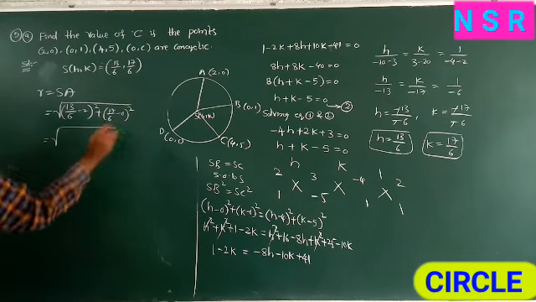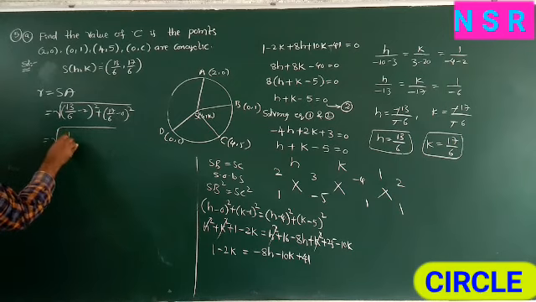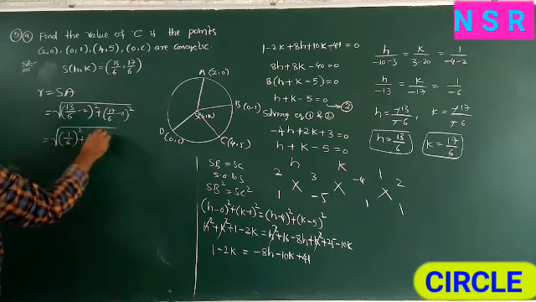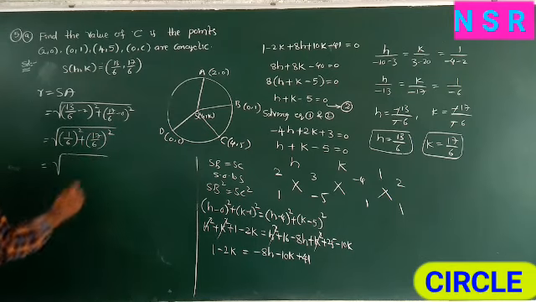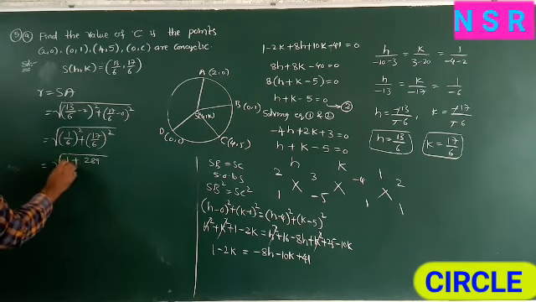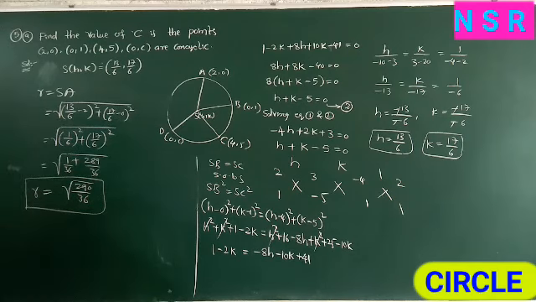So 6 twos are 12, 13 minus 12 is 1, so (1 by 6) whole square plus (17 by 6) whole square. 1 plus 17 square, 17 square is 289, by LCM 36. So 289 plus 1, 290. So the square root of 290 by 36. So this is our value. So we get the center and radius.